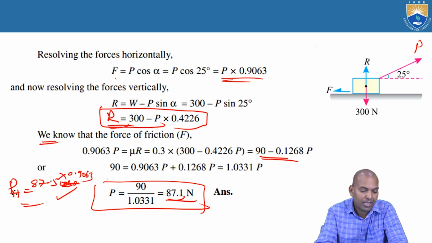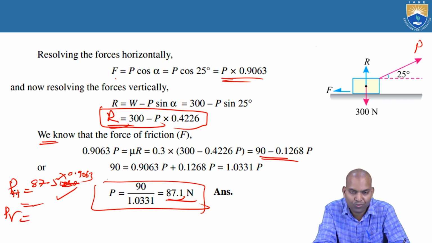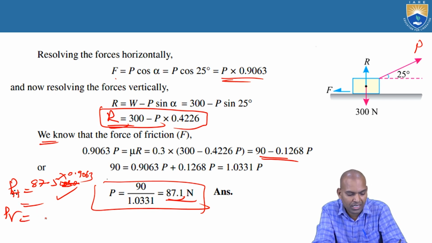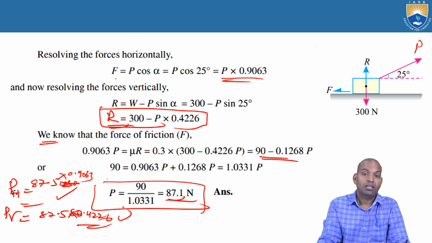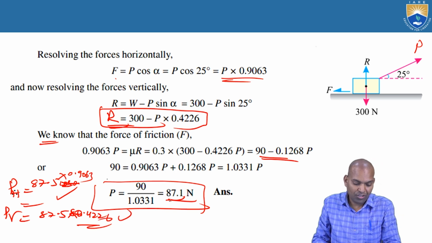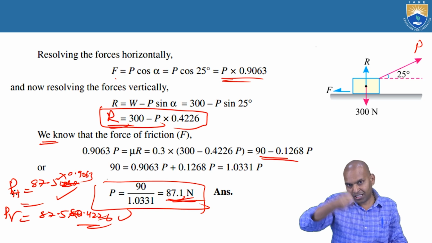Then we know that with this value, P horizontal, and P vertical, the body can move. P vertical is P sin 25, that is 87.1 times sin 25, that is 0.4226.